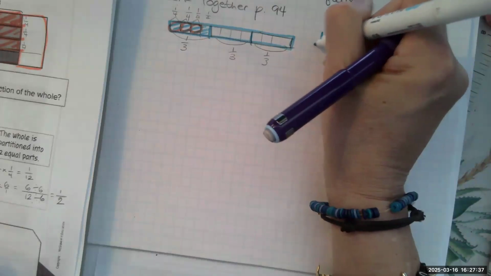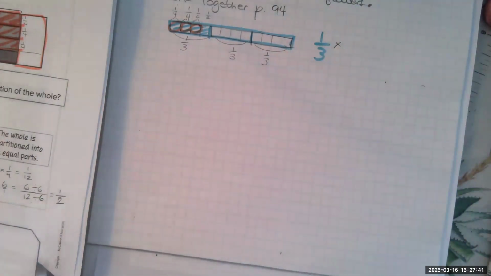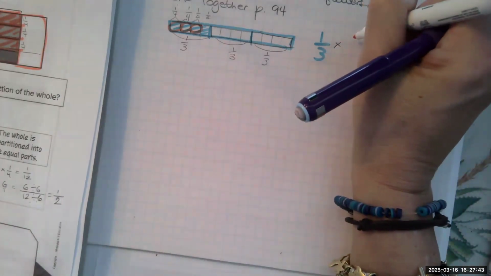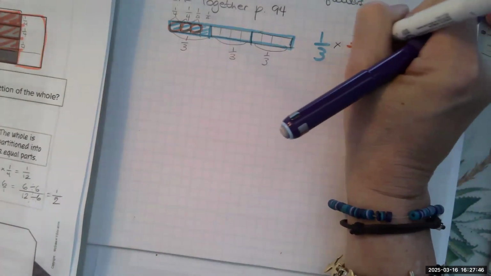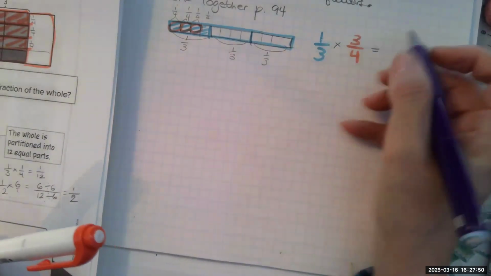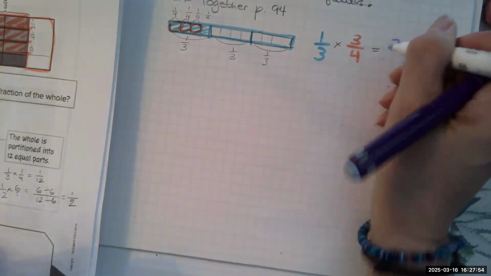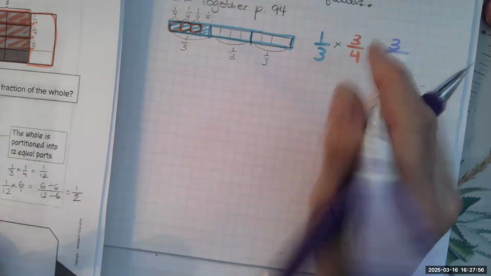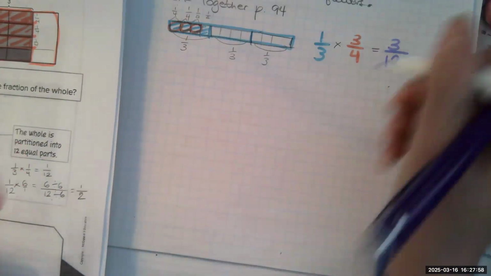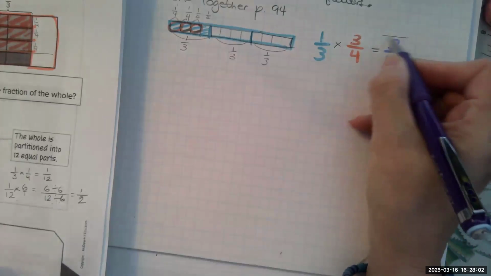So 1/3 times 3/4 equals 1 times 3, 3 over 3 times 4, 12. So 3/12.